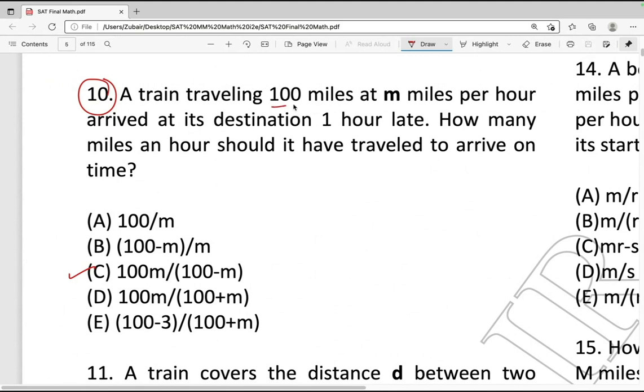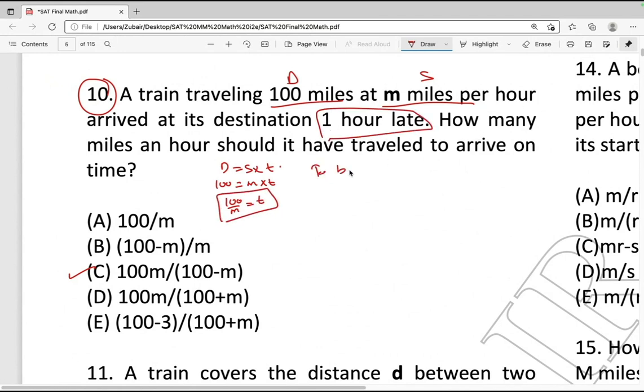See, a train traveling 100 miles at m miles per hour. Distance, speed. So if I just use these two, distance is equal to speed into time, I can see what the time is. Distance is 100, speed is m miles, and time is unknown. So it's taking 100 by m. And we know it is 1 hour late. To be on time, this should be 100 by m minus 1. This should be the time to be on time. Just simplifying, this gets 100 minus m over m.